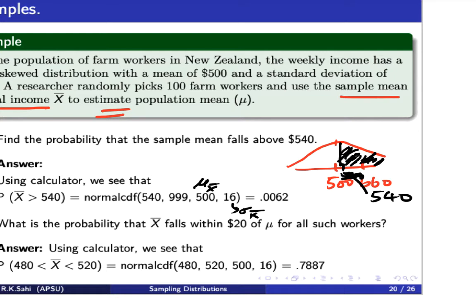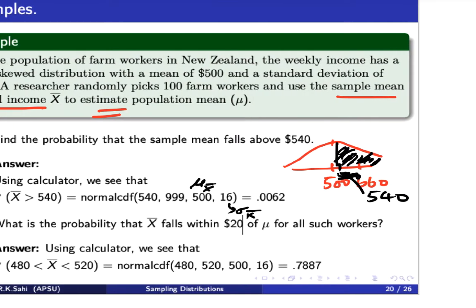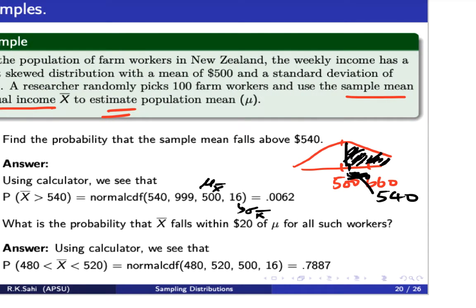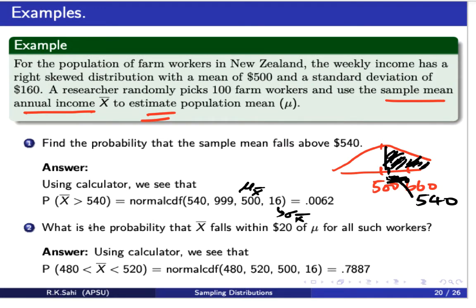Now, let's look at the next question: what is the probability that the sample mean falls within $20 of the population mean for all such workers? So what it basically means is that if we have our little bell-shaped curve, and 500 is the mean of the sample mean, you're looking at 20 to either side.